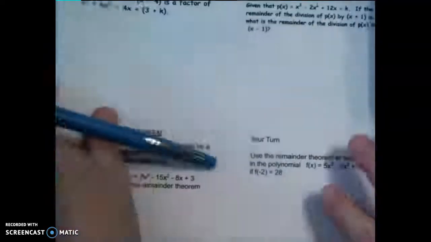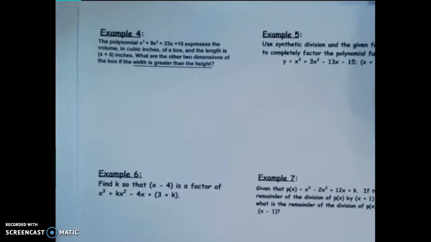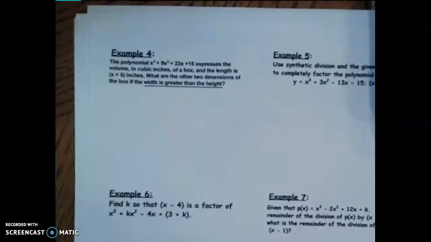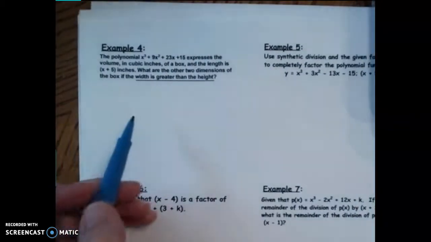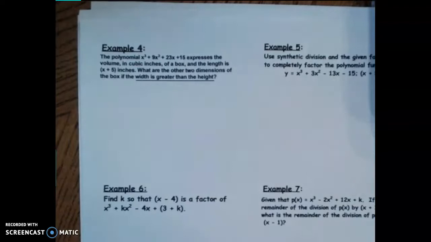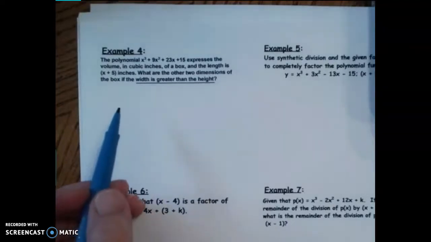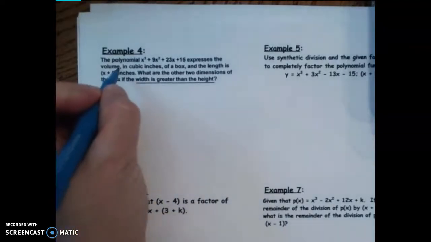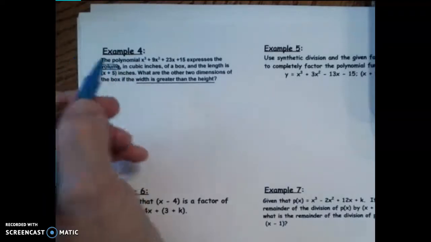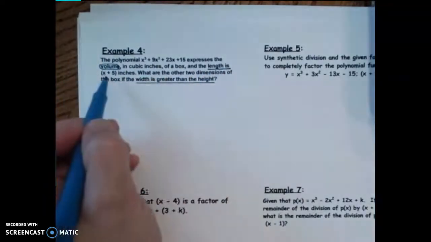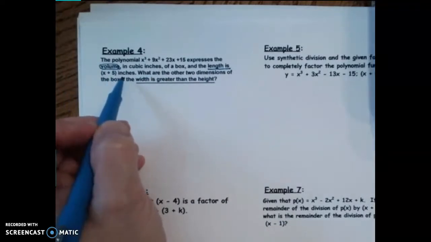Okay, so our next example, example 4, is a word problem. It says, the polynomial x to the 3rd plus 9x squared plus 23x plus 15 expresses the volume in cubic inches of a box, and the length is x plus 5 inches.